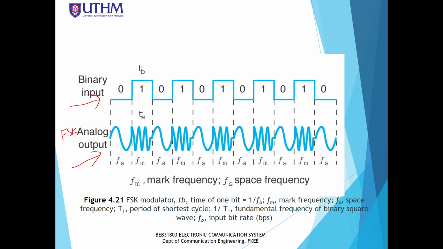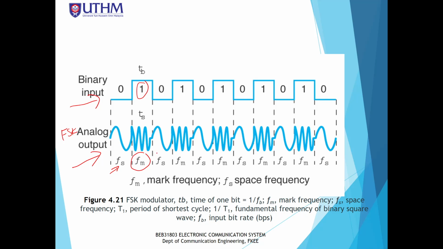So untuk logic 0 menghasilkan output dengan low frequency, juga dipanggil sebagai space frequency, FS. Untuk input logic 1, kita akan menghasilkan output yang berfrekuensi tinggi. Kalau ripple-nya rapat-rapat bermaksud frekuensinya lebih tinggi. So ini dipanggil sebagai mark frequency.